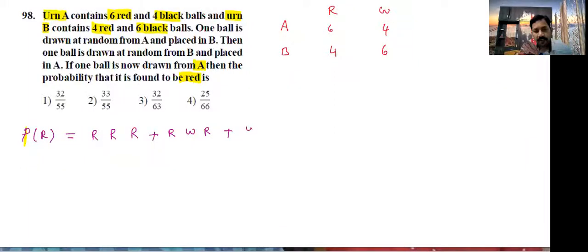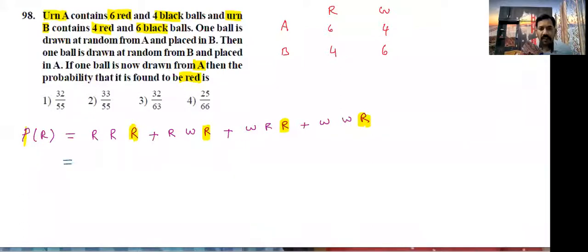For suppose first draw is white, second draw is red, third draw is fixed, that is red. First draw is white, second draw also white, third draw is red. Here overall observe that the third draw is fixed, that is a red color ball.